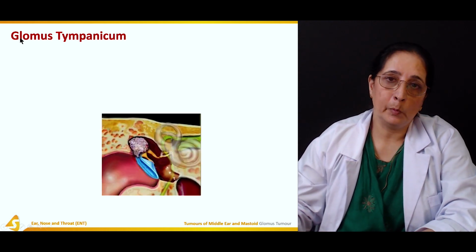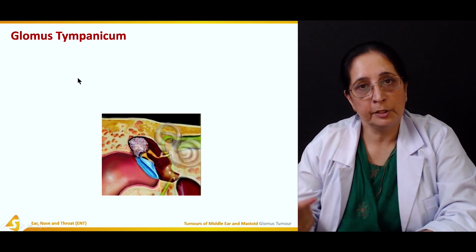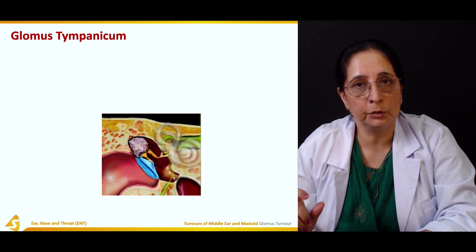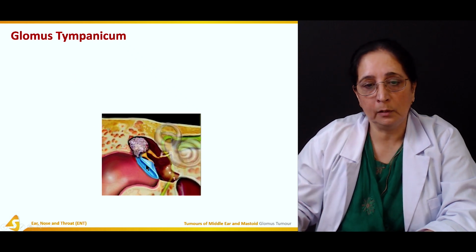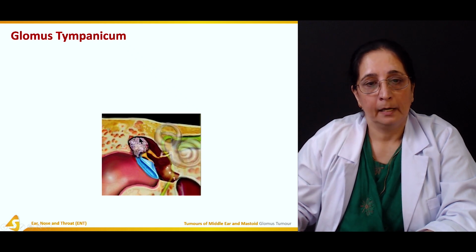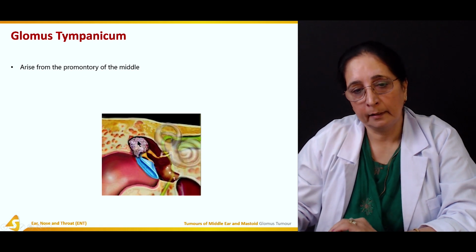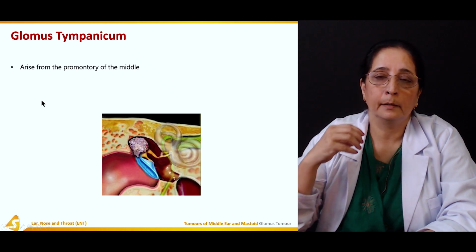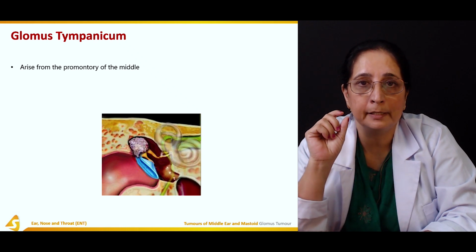Then next is glomus tympanicum. One was glomus jugulare, which arises from the dome of the jugular bulb. The other, this is the location of the glomus tympanicum. It arises from the promontory of the middle ear, from the tympanic branch of the ninth cranial nerve.